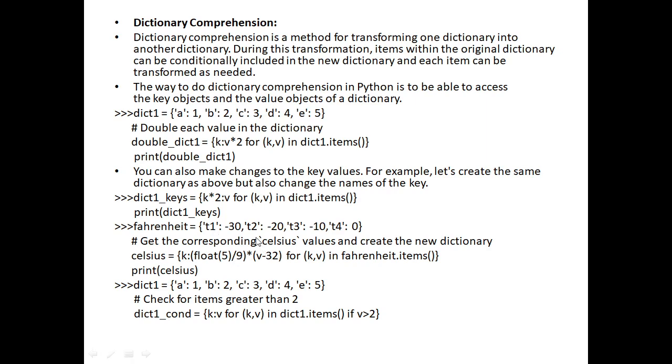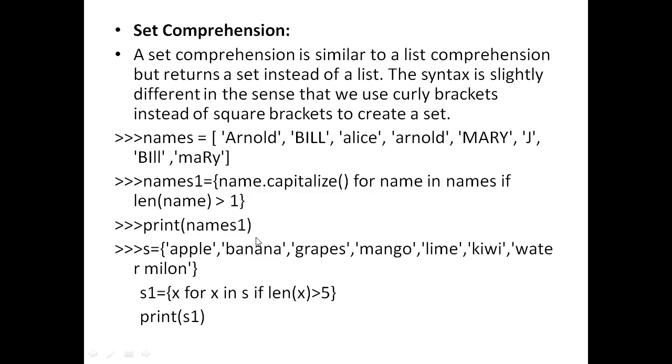So next we'll discuss set comprehensions. When it comes to set comprehension, if you want to do something on sets, then you go with set comprehension. It is similar to list comprehension.